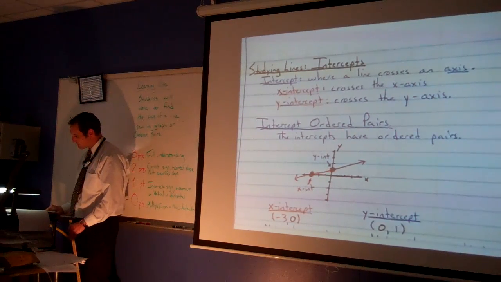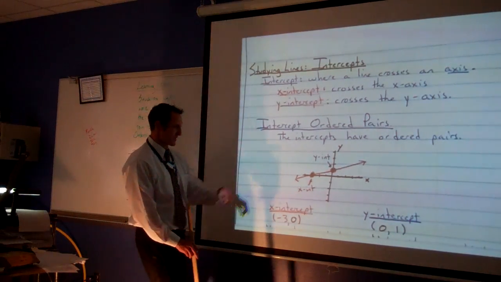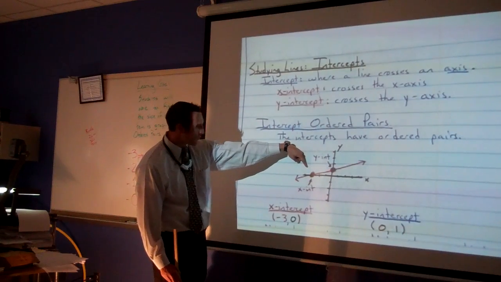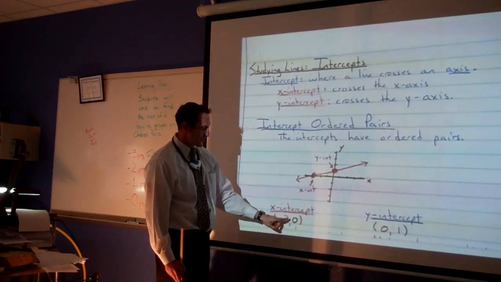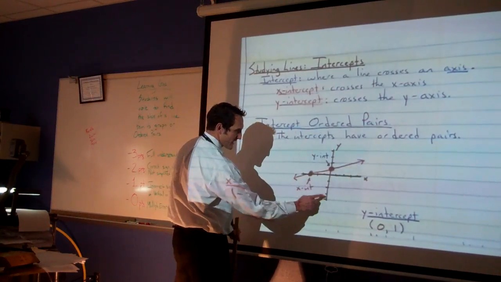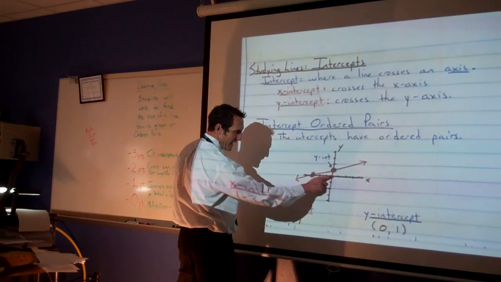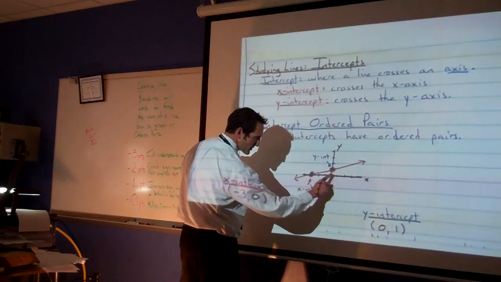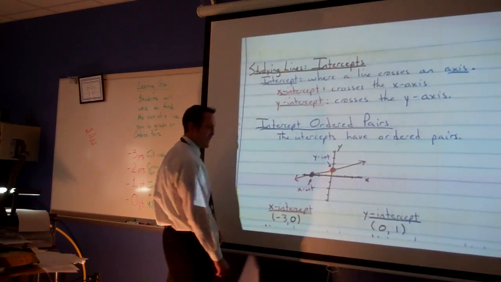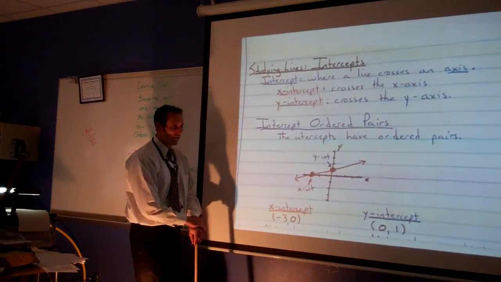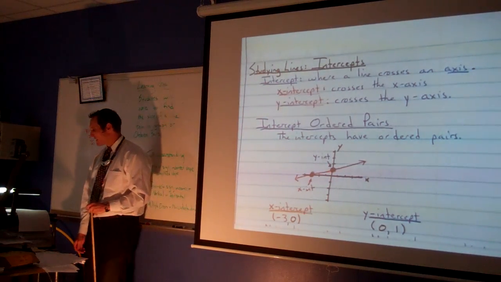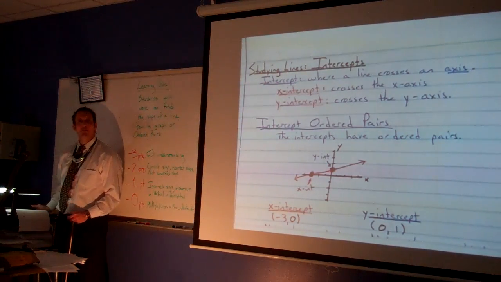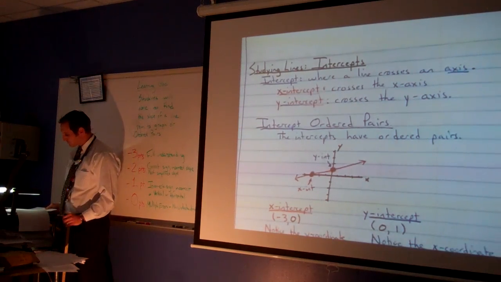In this case, the x-intercept, where it crosses the x-axis, is the ordered pair -3, 0. The y-intercept is where it crosses the y-axis at 0, 1. So the y-intercept is 0, 1, the x-intercept is -3, 0, and we have to understand that the intercepts represent ordered pairs.